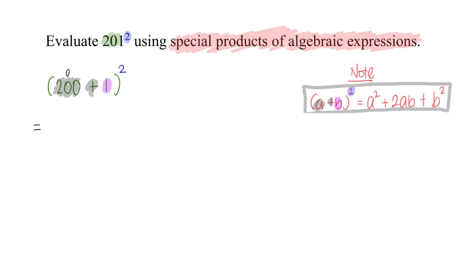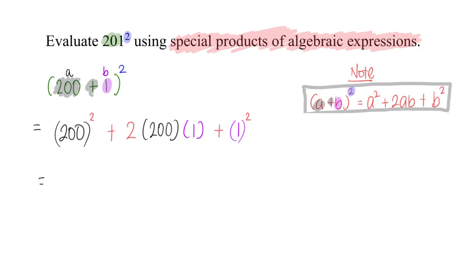So this is my A and this is my B. So instead of writing A now, I'm going to write 200 square plus 2 times my A, which is 200, my B, which is my 1, plus 1 square. Okay, it will be good if I just write the bracket down so you can see exactly that I'm substituting A with 200, B with 1, and it becomes pretty easy.